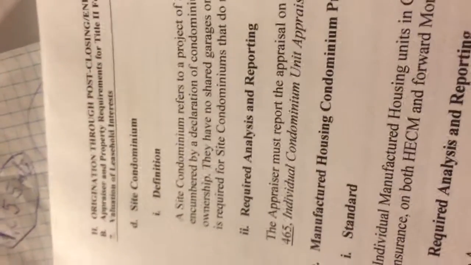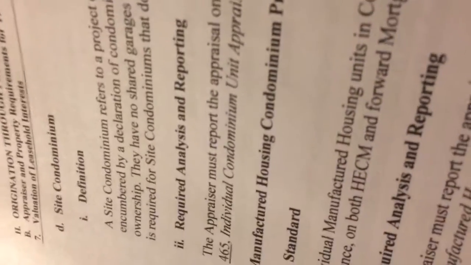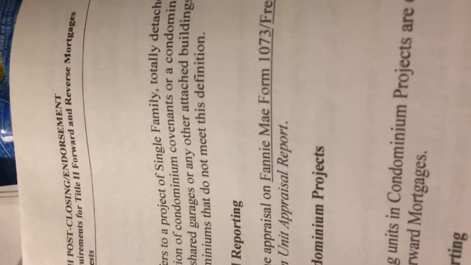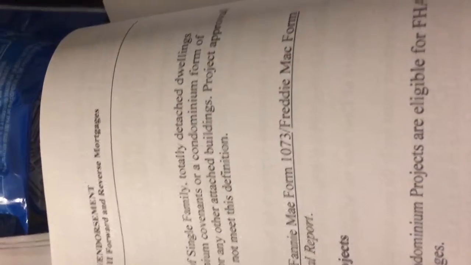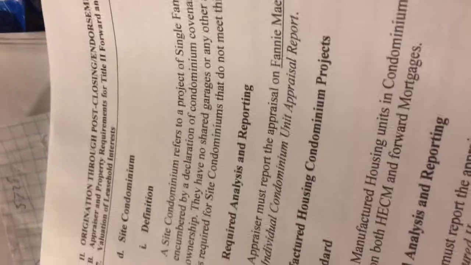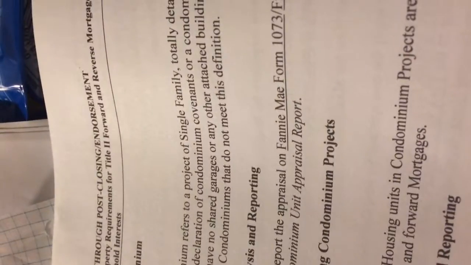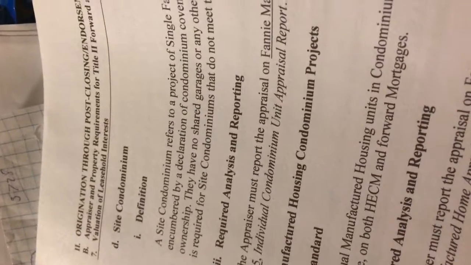D. Site condominium. Definition. A site condominium refers to a project of single-family, totally detached dwellings encumbered by a declaration of condominium covenants or a condominium form of ownership.